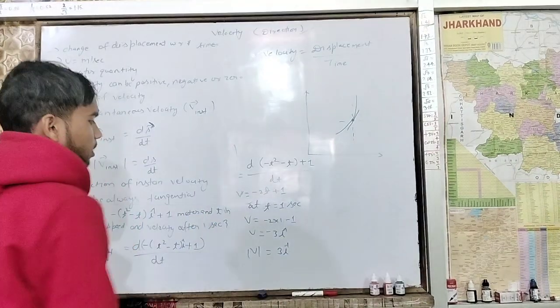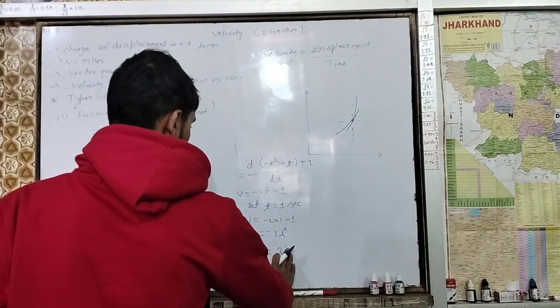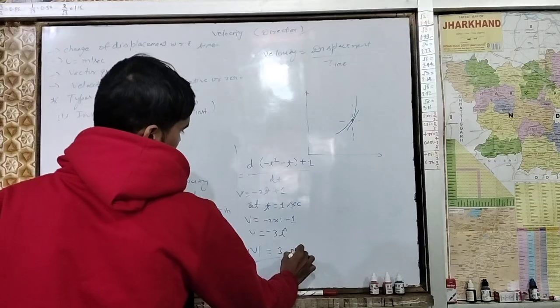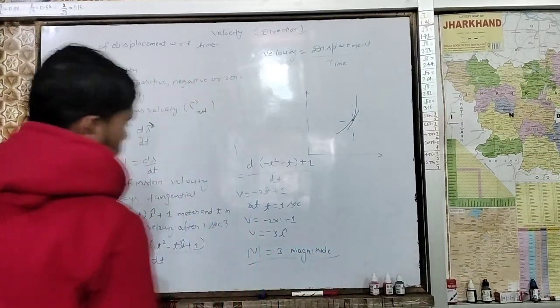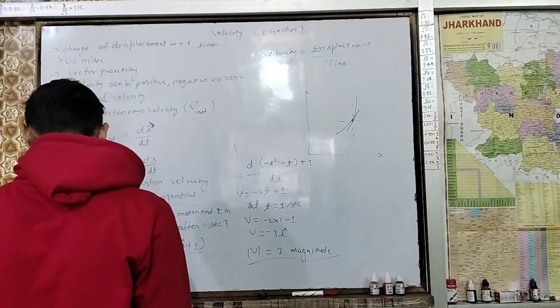We just remove the minus. Mode will always provide a positive value, and direction will not exist over here. It provides only magnitude, without having the negative: 3 meter per second.